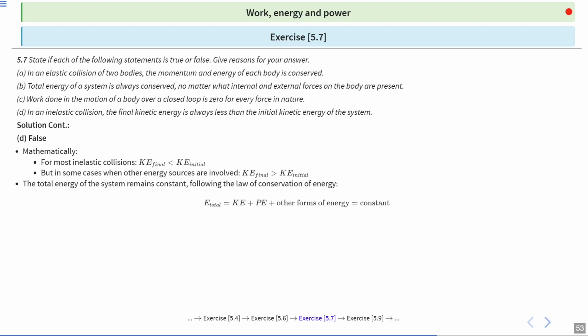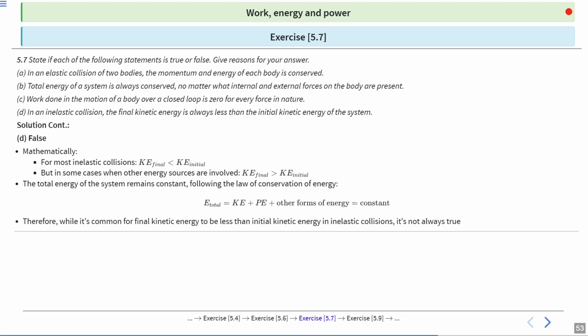According to conservation of energy, total energy of the system is equal to the sum of potential energy plus sum of kinetic energy plus sum of other forms of energy like heat, like sound. Therefore, while it's common for final kinetic energy to be less than initial kinetic energy, it's not always.